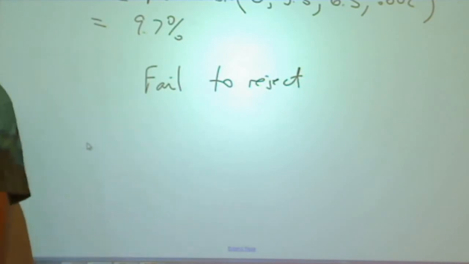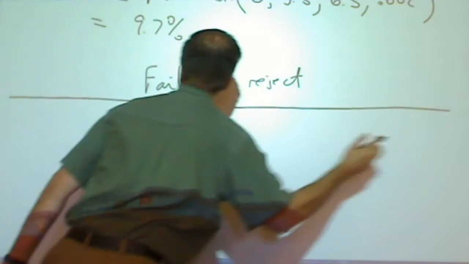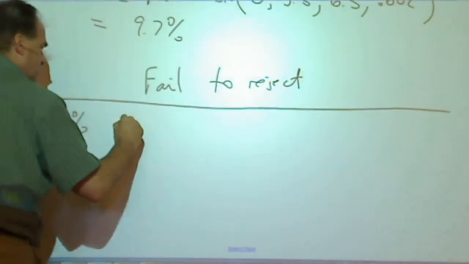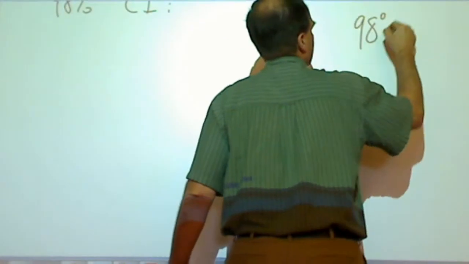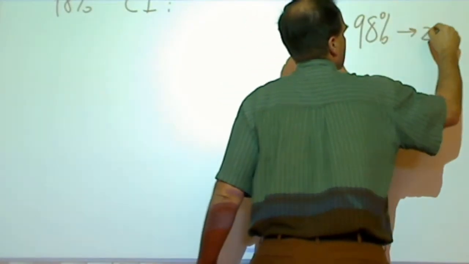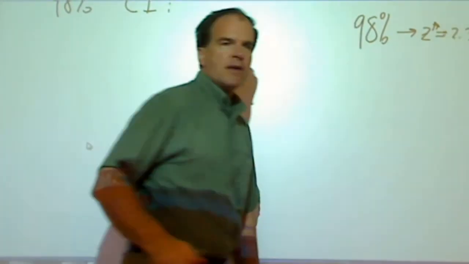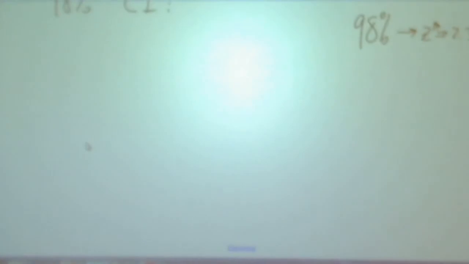Okay, so they said 98%. I forgot what the number is for 98% confidence interval. So 2.33. Thank you. Appreciate that. But it will be on your Z, T table as well.